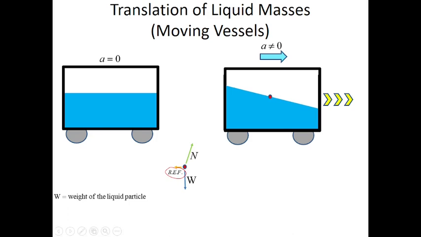W is the weight of the liquid particle and N is the normal force acting on the liquid particle. REF is the reverse effective force, which we also call the fictitious inertia force.